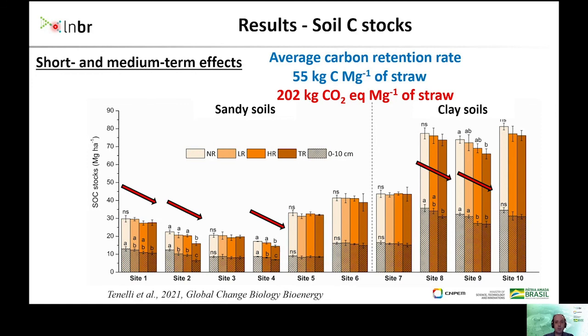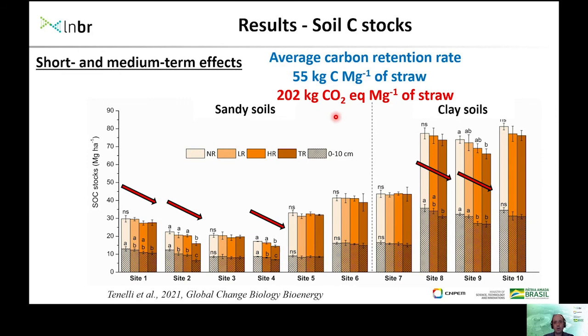When we analyze all field experiments together, we observe that each ton, or megagram, of straw that is maintained on the field results in an accumulation of 55 kilograms of carbon per megagram of straw maintained on the field.